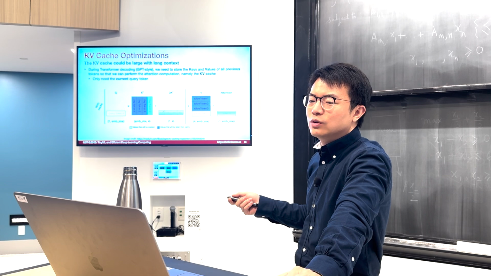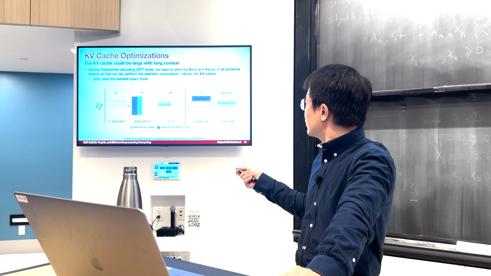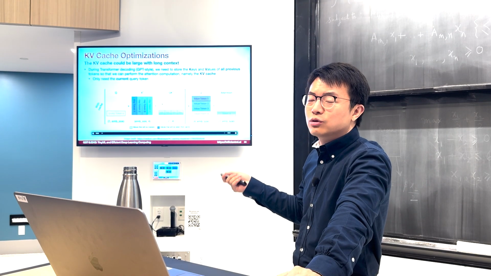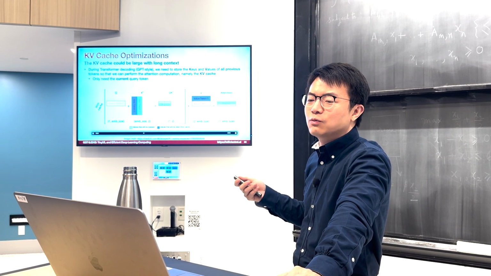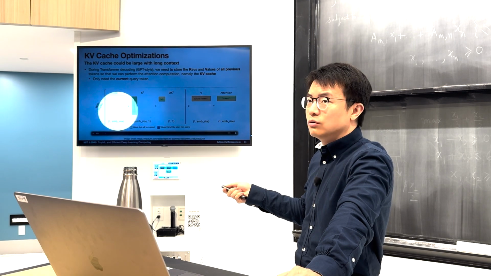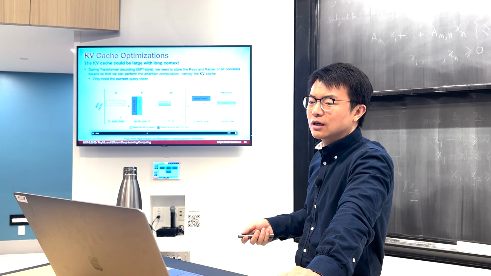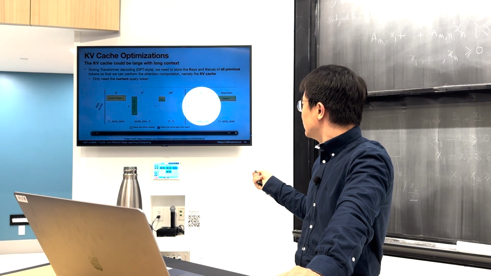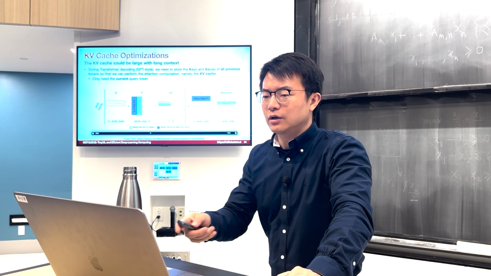When a new token comes, we only calculate everything related to that new token. For all the previous tokens, we already keep them somewhere rather than recompute them. We only compute for the new token, store it in the KV cache, and finally multiply with the values to get a weighted sum result.